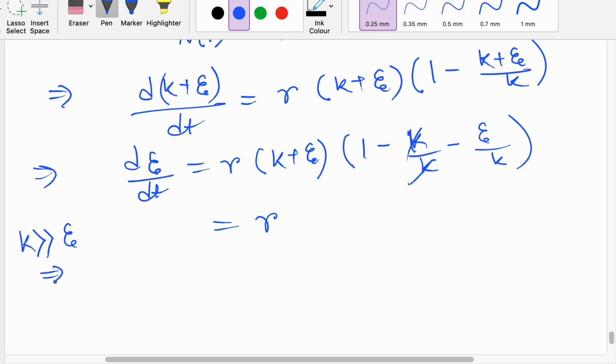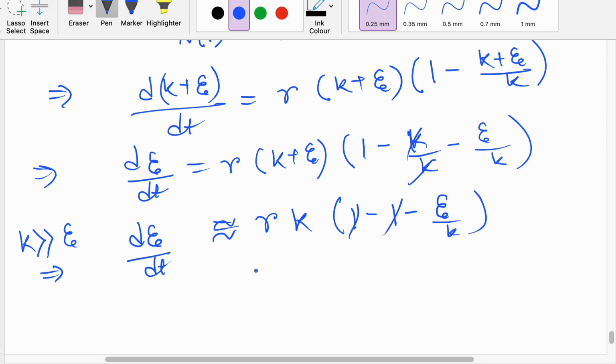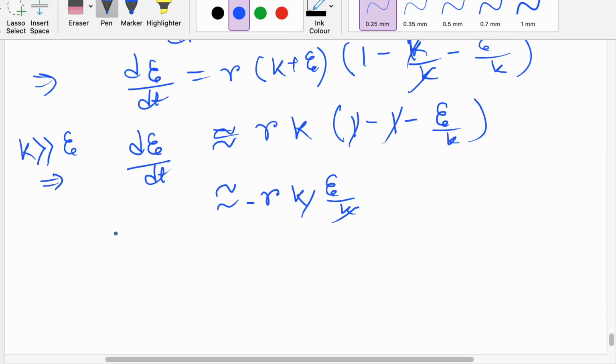So in the neighborhood of K, the equation will become d epsilon/dt equals rK times (1 minus 1 minus epsilon by K), so r K minus epsilon by K.